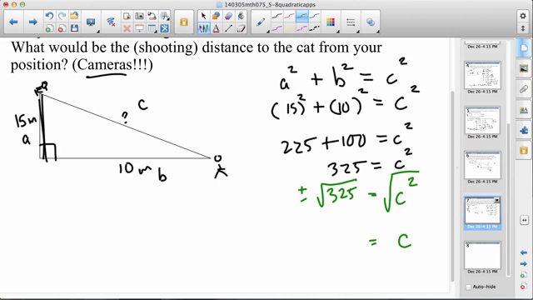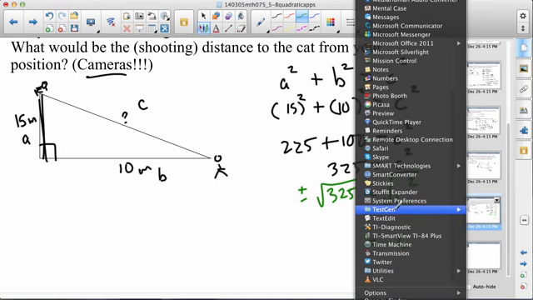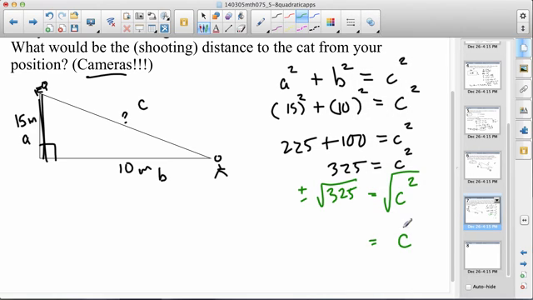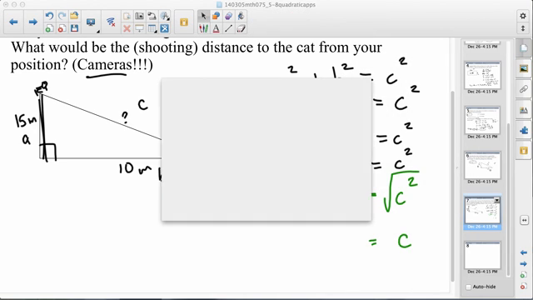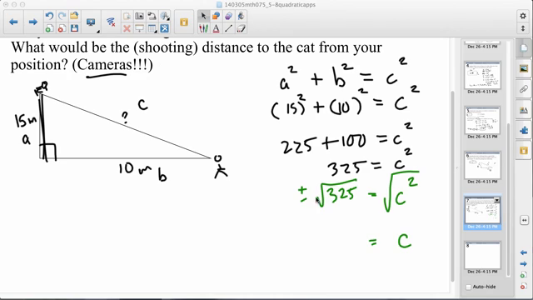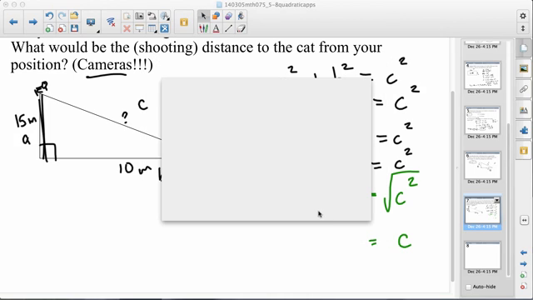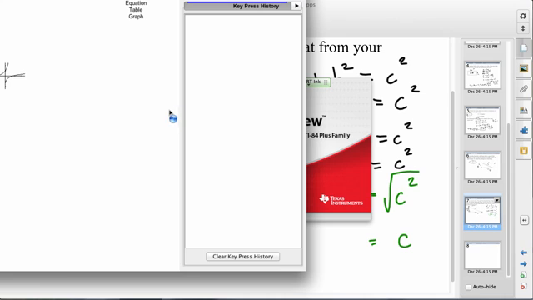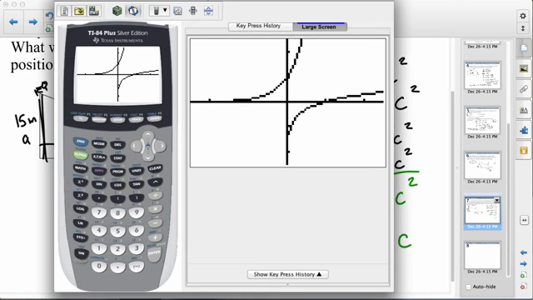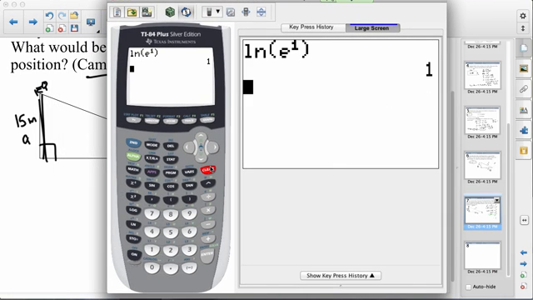Where's my calculator? Oh no. Calculator. Here it is right here. Okay, here's my calculator. So clear out of that stuff.